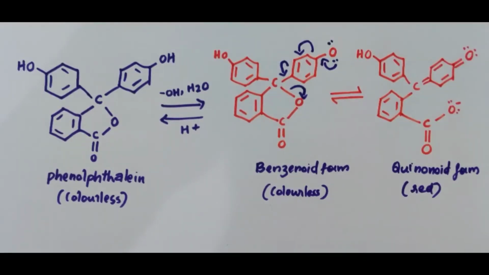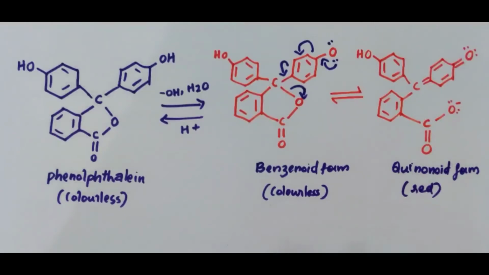Since phenolphthalein is a weak acid, it is used as an acid-base indicator because its acidic benzenoid form and basic quinoid form have different absorption spectra, and they show pH-related color changes.